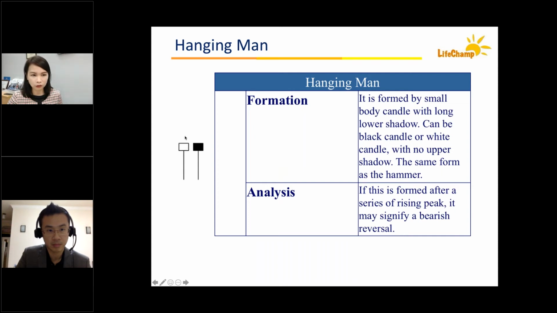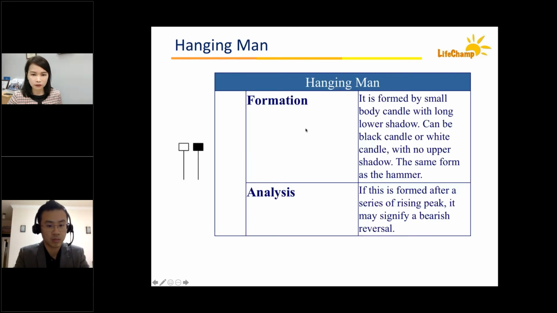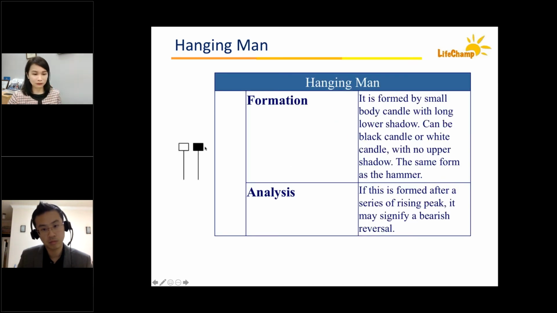I usually like to compare this one with the shooting star, also found on the top. But of these two, one will definitely give you a stronger sell signal than the other. This one has a long tail, so there's strong support here, but it happened at the top, so it's a reversal pattern.